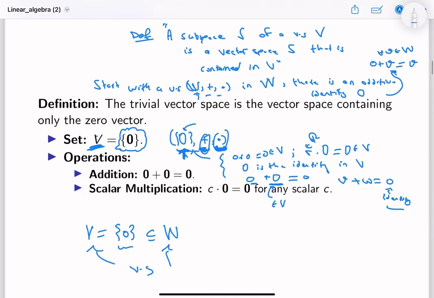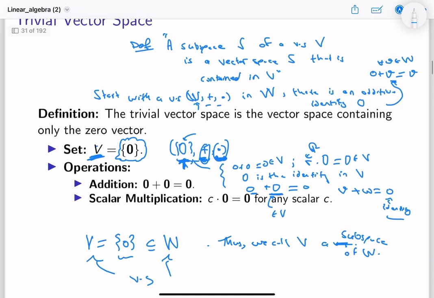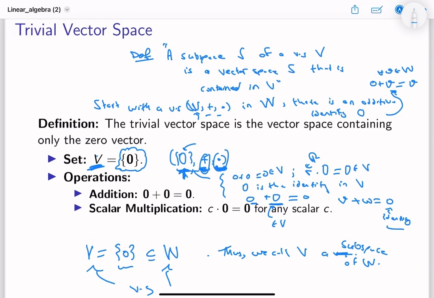Thus we call V a vector space, a subspace of omega. This is as clear as it sounds. There's nothing hard about it, right? We're going to take more complicated examples, but I hope that the idea is clear.